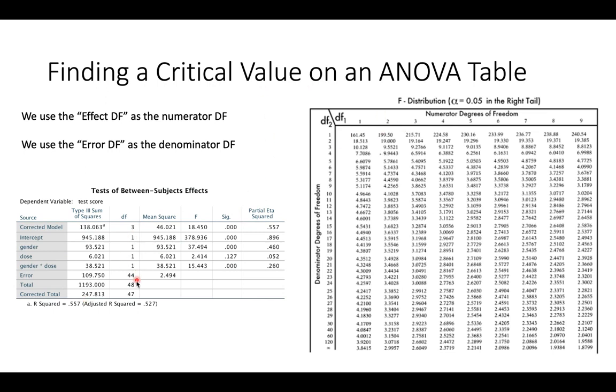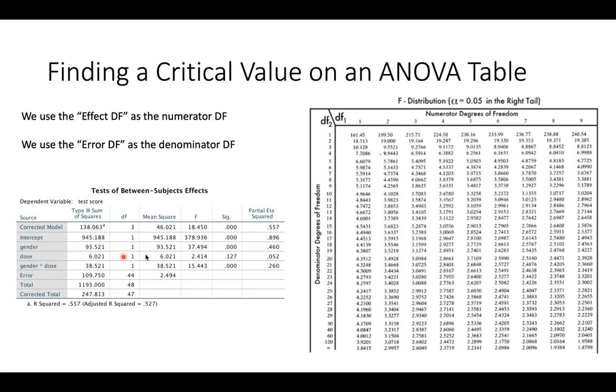But when we translate these degrees of freedom into this critical value table over here, we use the effect degrees of freedom as the numerator degrees of freedom along the top, because the effect mean square is in the numerator of the formula for our F value. And we use the error degrees of freedom, 44 in this case, as the denominator degrees of freedom down our left axis, because the error mean square of 2.494 is the denominator of our F value calculations.